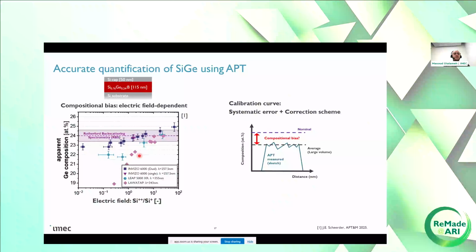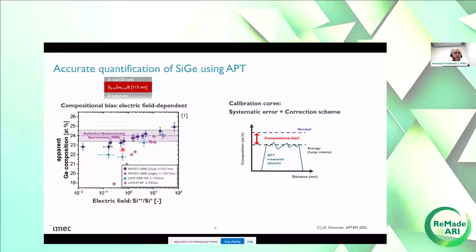What you see in this figure is basically field-dependent quantification of germanium in silicon germanium. So depending on the experimental condition, being electric field in this case, we might measure different composition within, of course, the same layer. But the origin of this quantification bias still remains unknown.